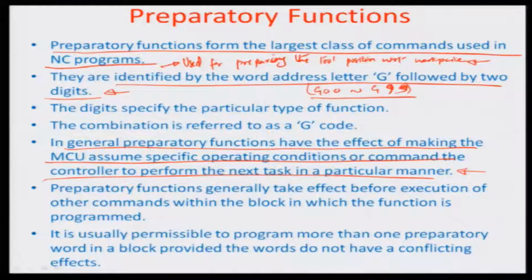It is usually permissible to program more than one preparatory word in a block, as long as the words do not have conflicting effects. For example, you cannot use in one block a G code that says the measurements are in inches and another that says they are in meters. Okay. That kind of a sequence is not permissible.